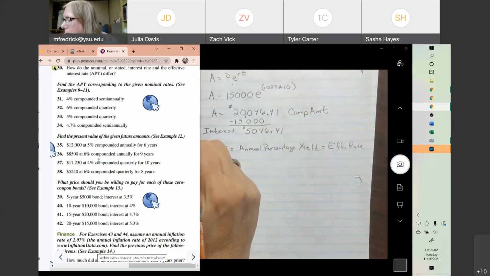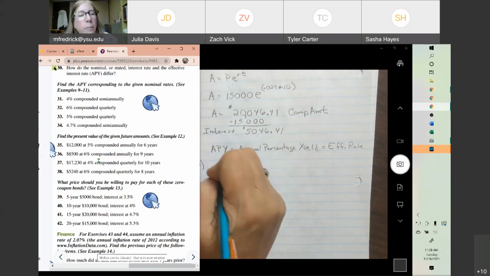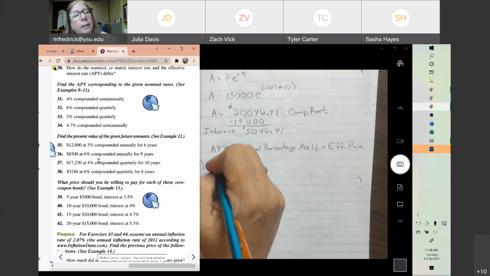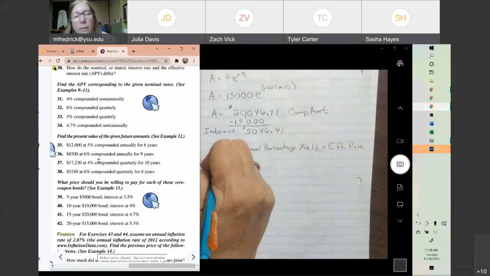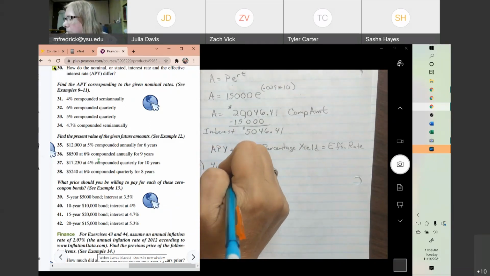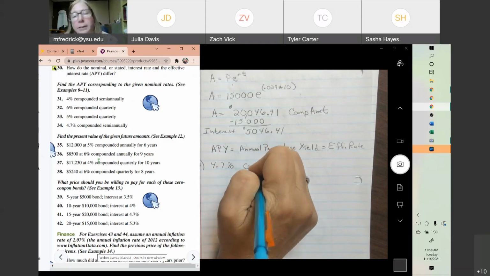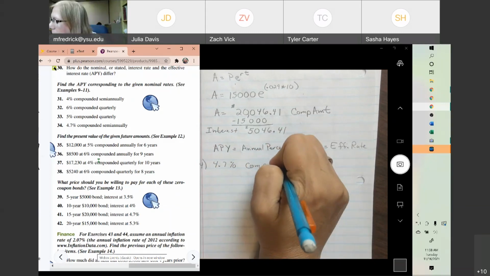Number 34 says 4.7% compounded semi-annually.